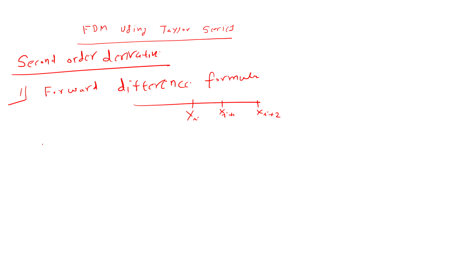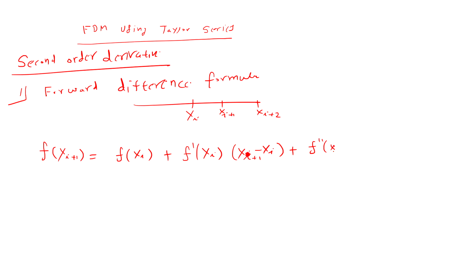So if I calculate f of xi plus 1, that will be f of xi plus f prime xi times xi plus 1 minus xi, plus f double prime xi upon factorial 2 times xi plus 1 minus xi to the power 2.